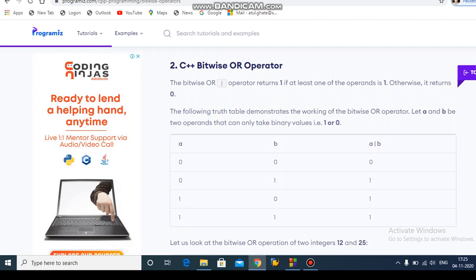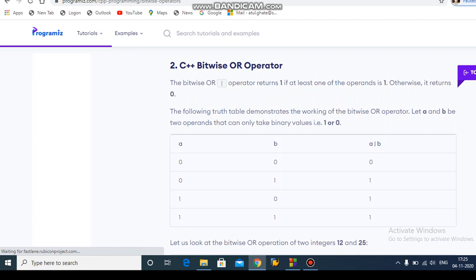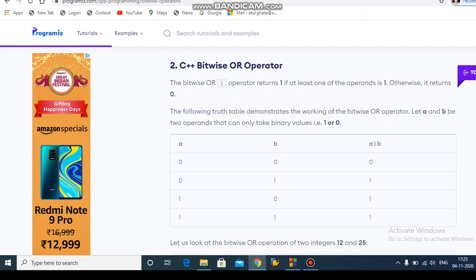The bitwise OR operator returns 1 if at least one of the operands is 1. This is the same as your logical OR operator, but it does not consist of any condition. It consists of numbers that you first have to convert into binary form, then apply the logical truth table.